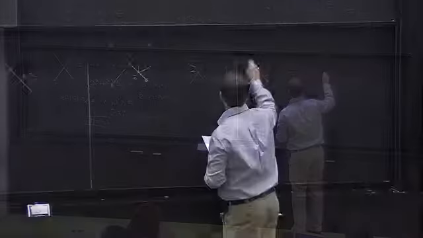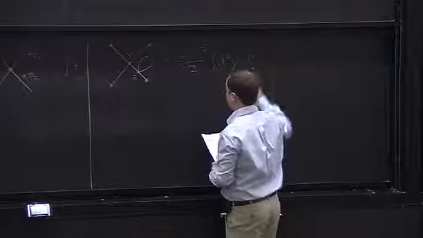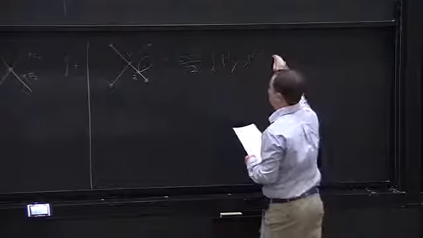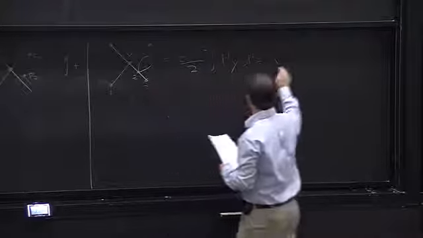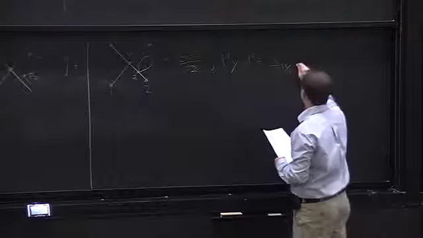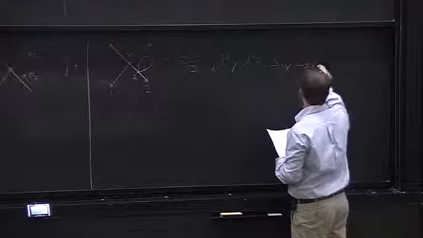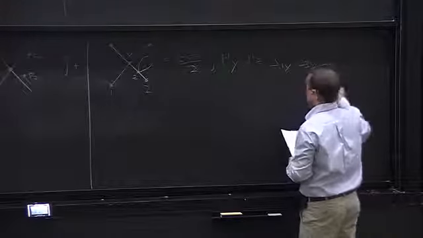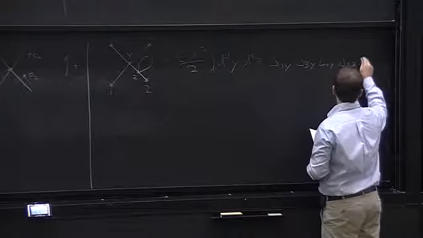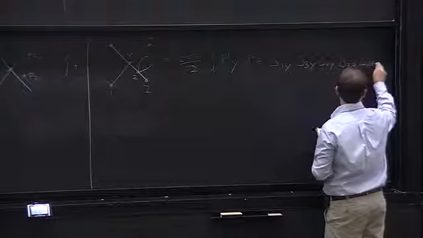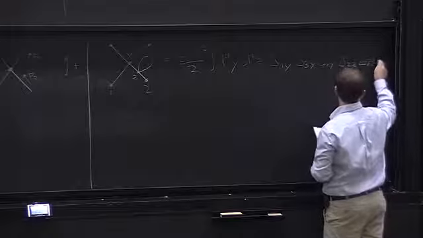We have integral d4y and d4z. Then we have propagators from 1 to y, from 3 to y, from 4 to y, from 2 to z, from z to z, and also from y to z.